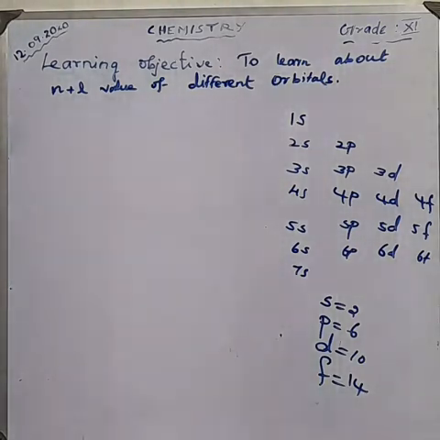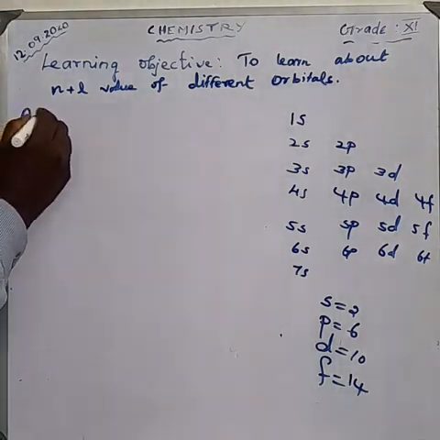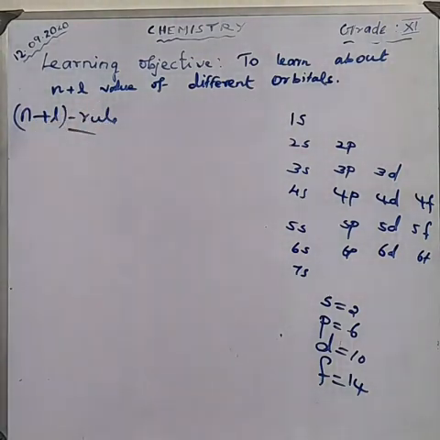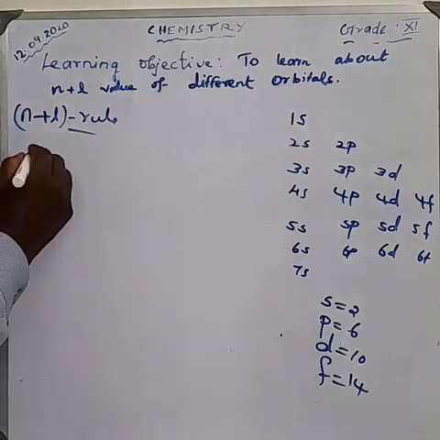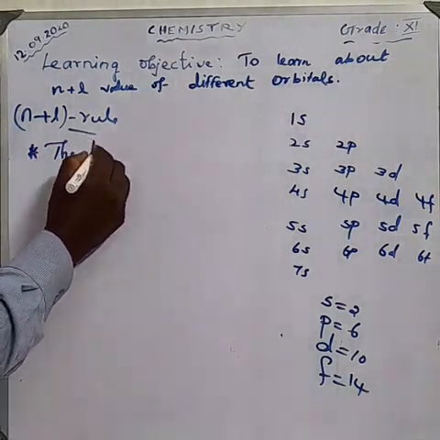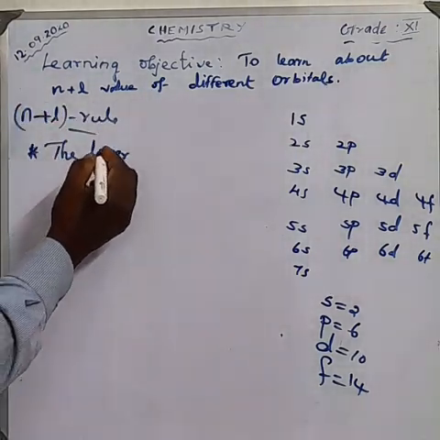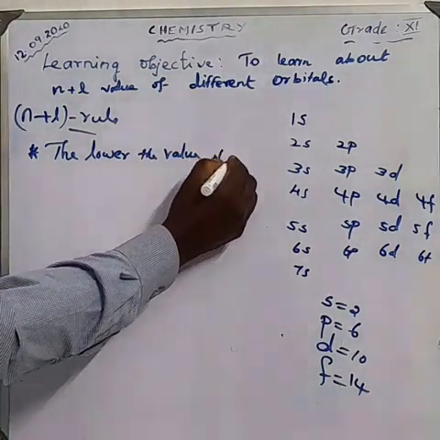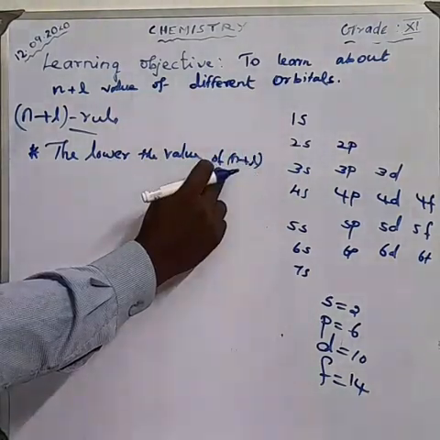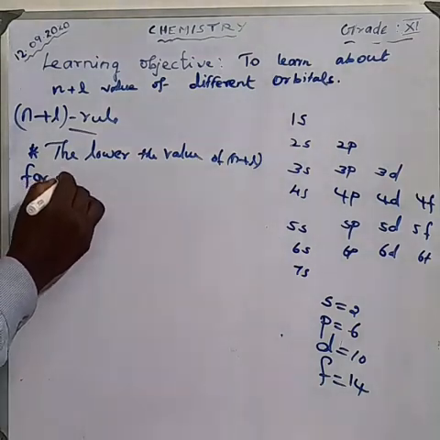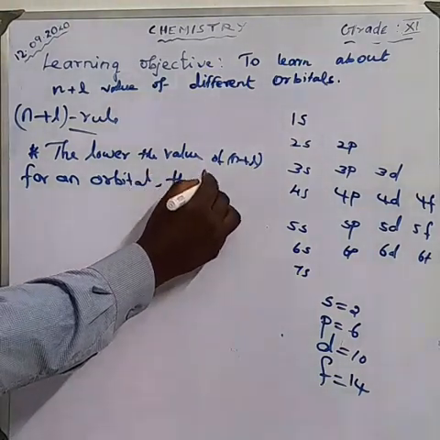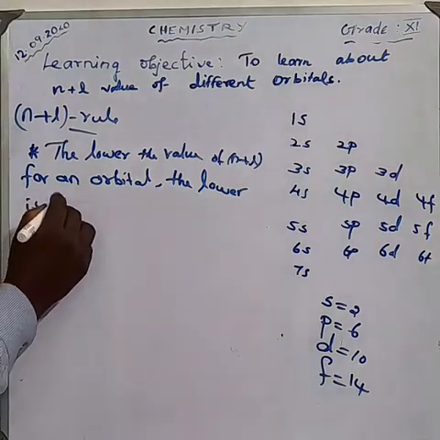Here, what is the n plus l rule? This rule should be learned like this. It states that the lower the value of n plus l for an orbital, the lower is its energy.